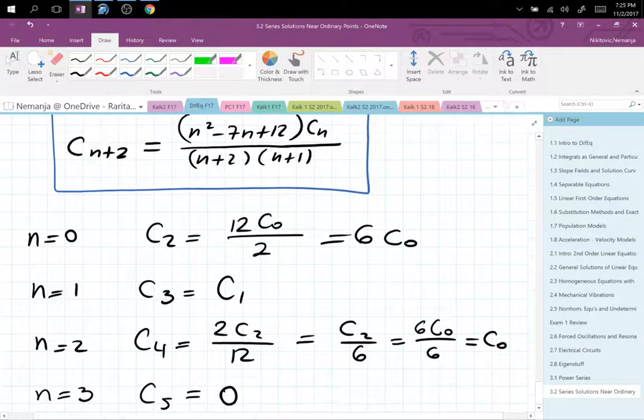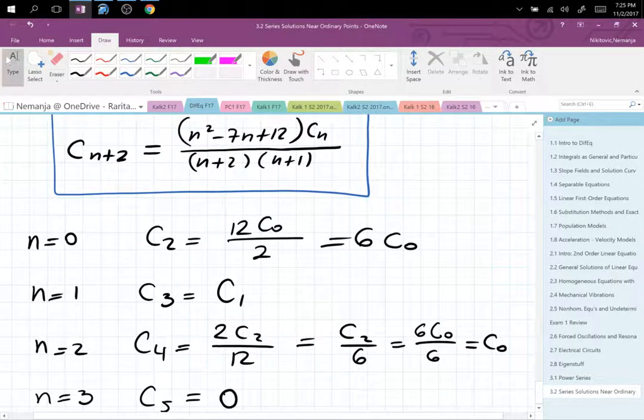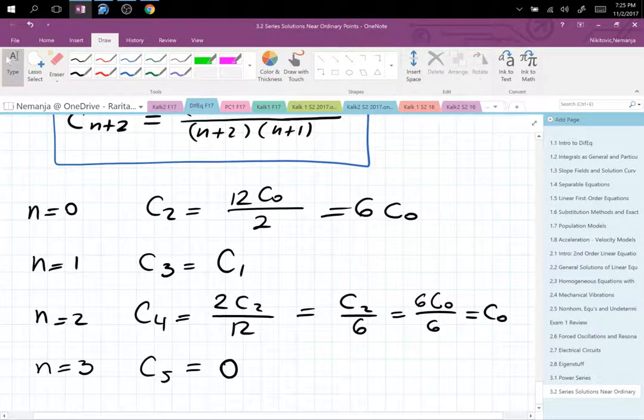Is this 0 again? 3 squared is 9, 9 plus 12 is 21, 21 minus 21 is 0. Nice.